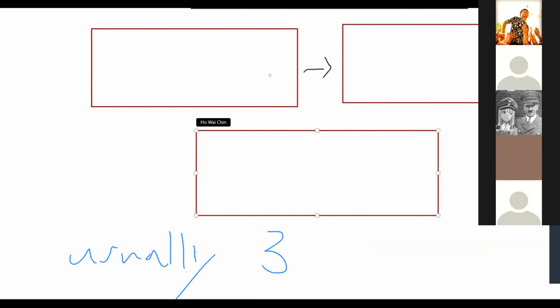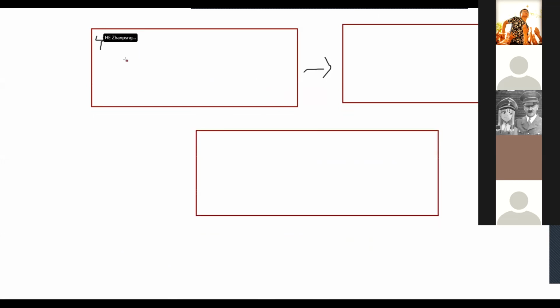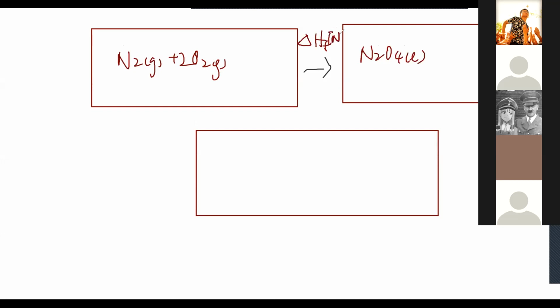So what will you get? That is N2 plus 2O2 to form N2O4. Okay, this is what we would like to find, the delta H formation of N2O4.